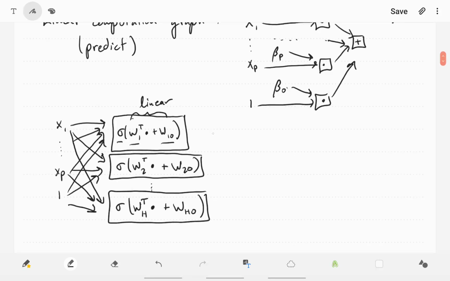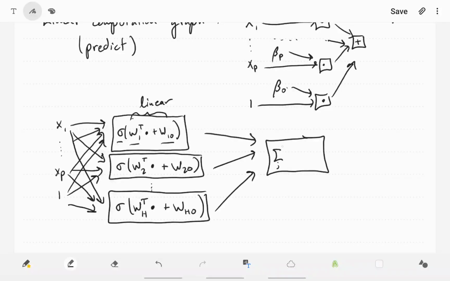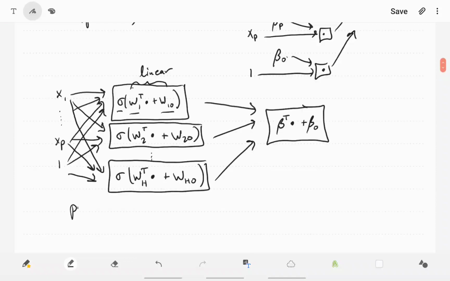So we're going to have other beta trainable variables, and the operation is just going to be beta transpose of the input here plus beta naught. And this becomes our predict method.